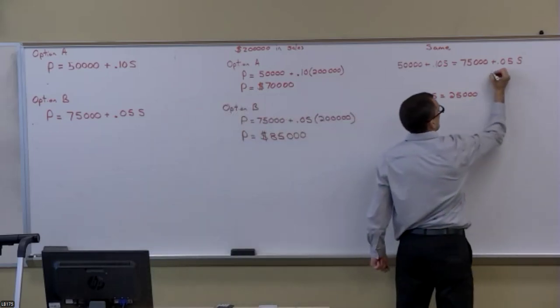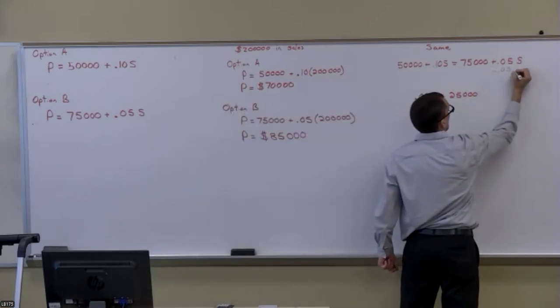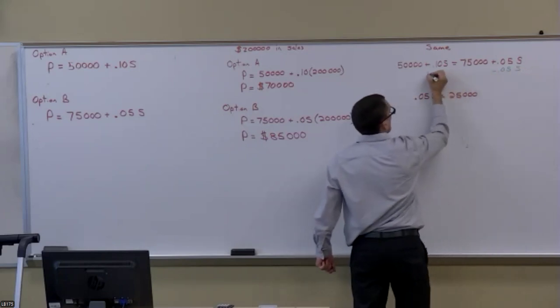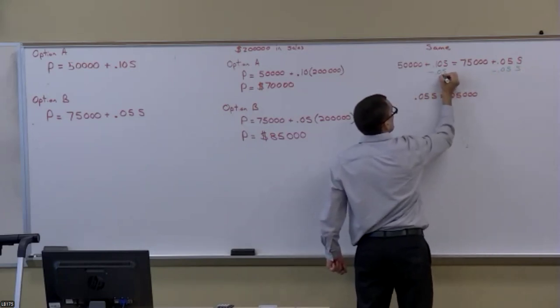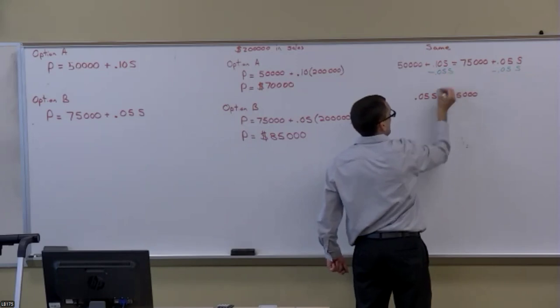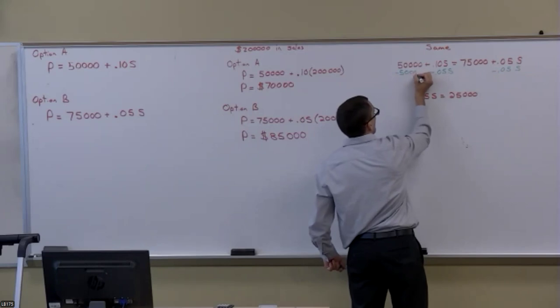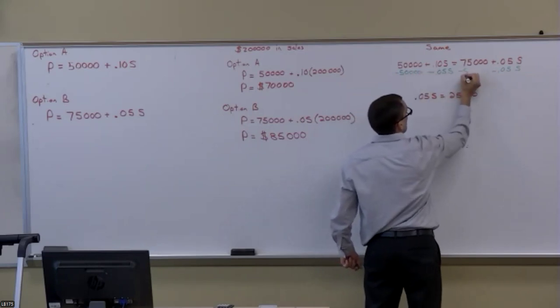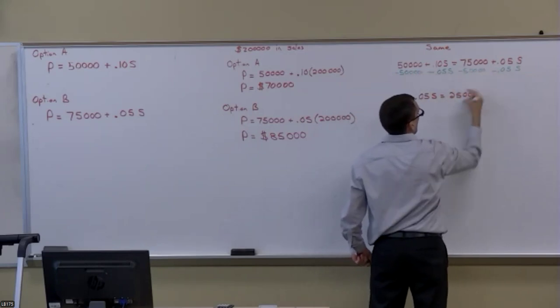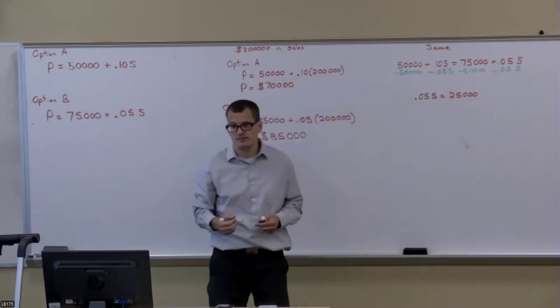So again, I'll write that. Subtract 0.05 times s. That gives me 0.05s. Subtract 50,000. That gives me 25,000.